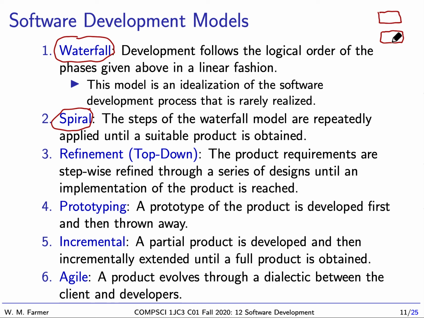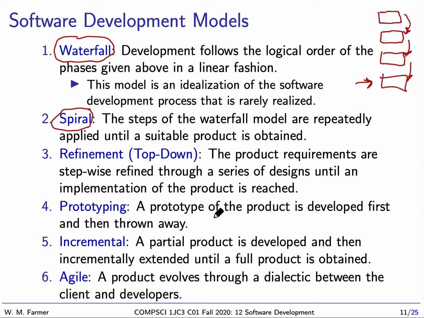The first step is we're going to do this by having 2 modules interact. And then we can say what these modules will look like, and you keep refining. So we're making things more and more refined until finally we get to our product. So that's the refinement, and this is a top-down approach. Many people who like to develop software in a very careful, formal way like this approach.